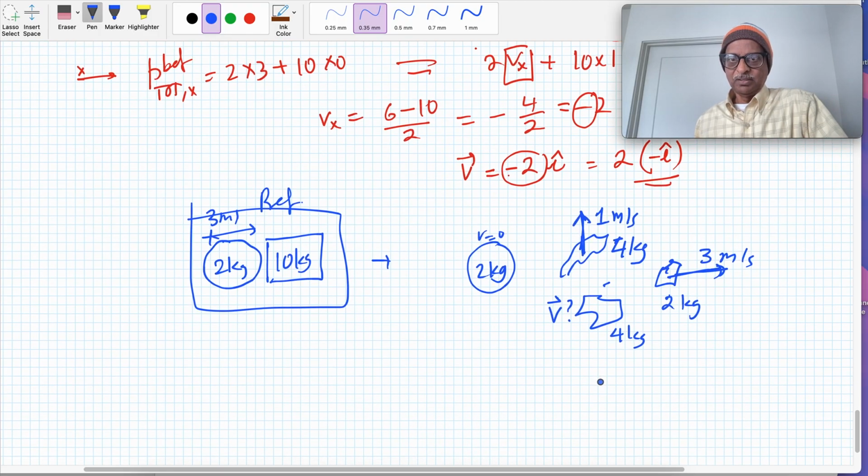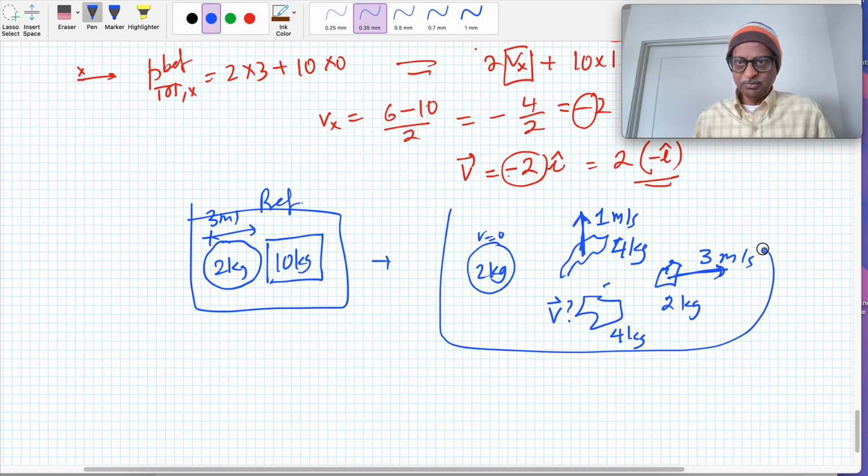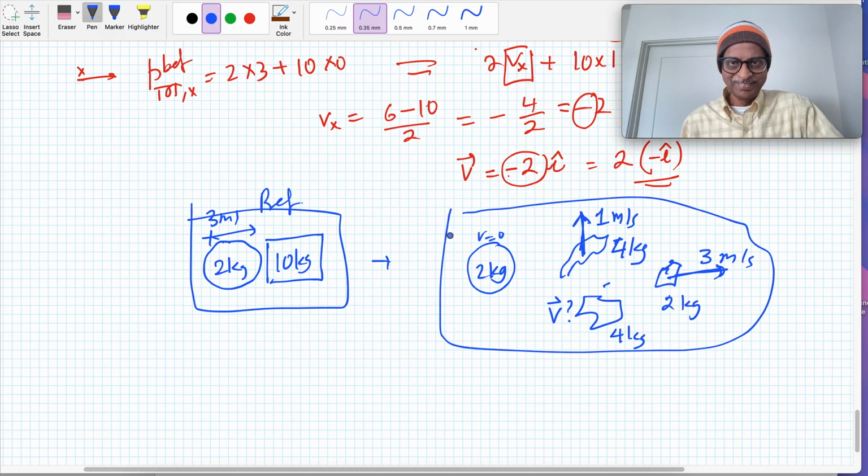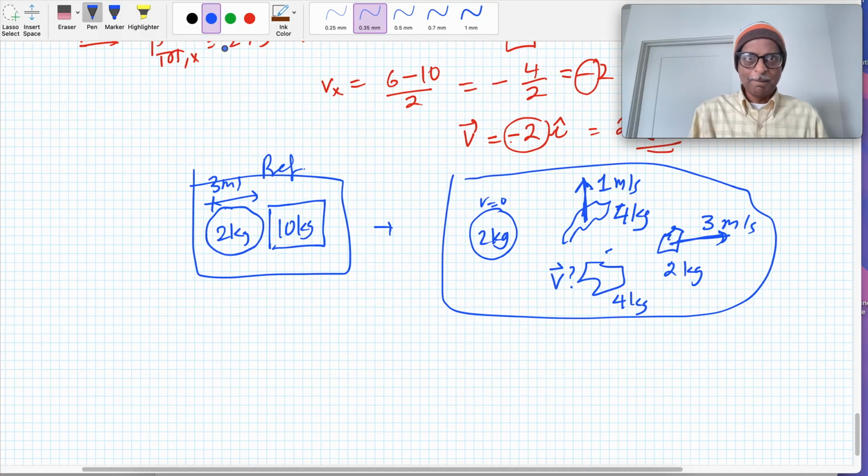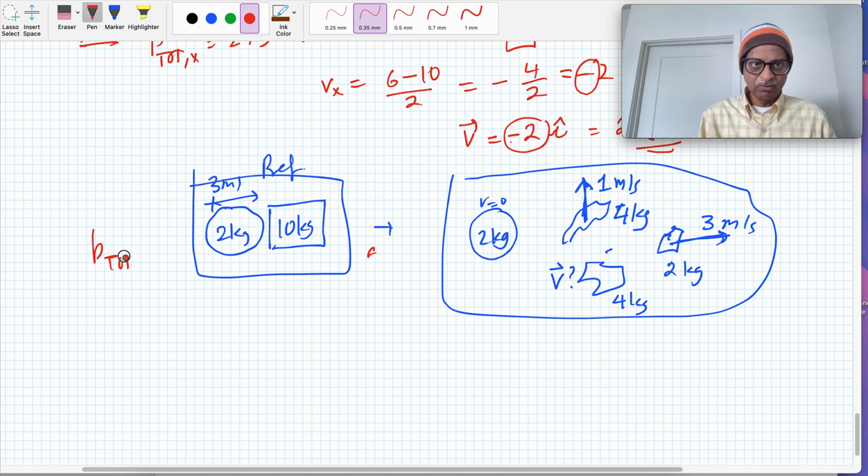Well, this is the after. This is a way kaboom. But we know this is a collision, so momentum will be conserved. We know P total here must be equal to the P total here, for this entire system we're looking at. But here this could be in any direction.